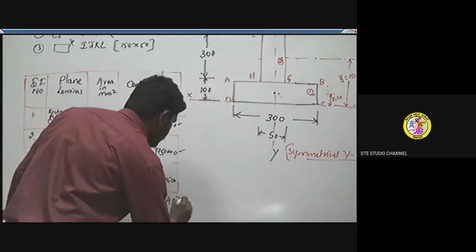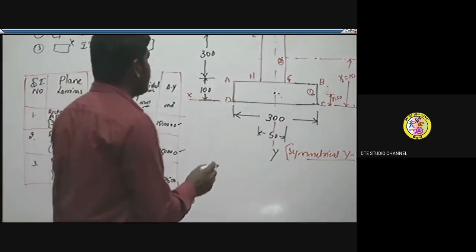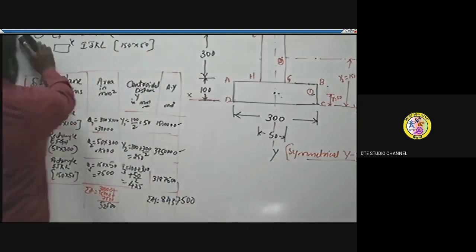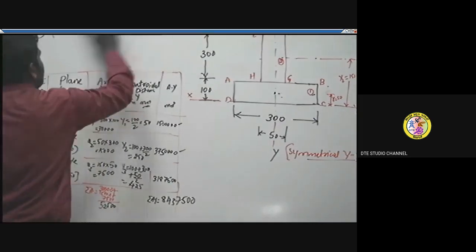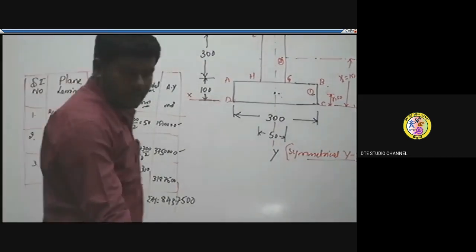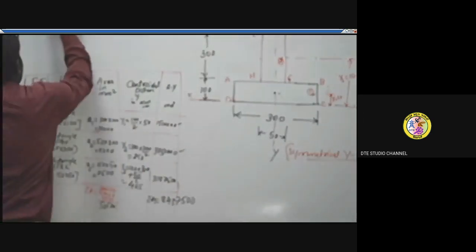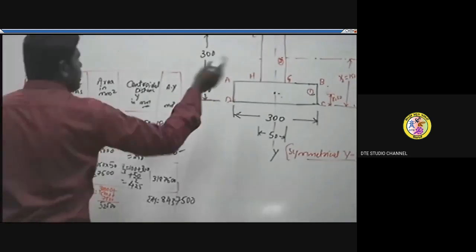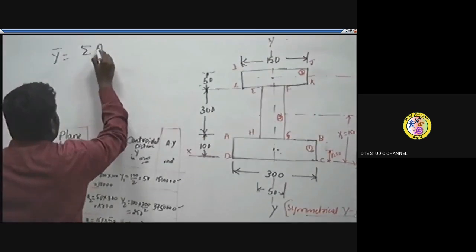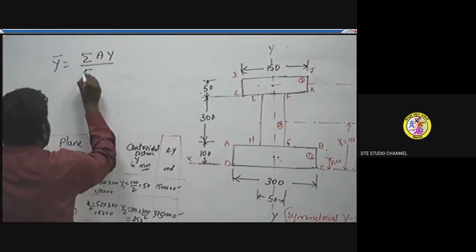8437500 in mm cube. Okay, so we know from the formula that the centroid for a whole section, or the given I section, is calculated by the known formula, by the method of moments. So the y coordinate with reference to the x axis is equal to summation of its area into its centroidal distances by its total area.